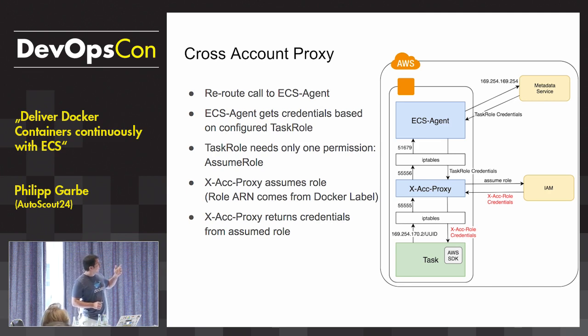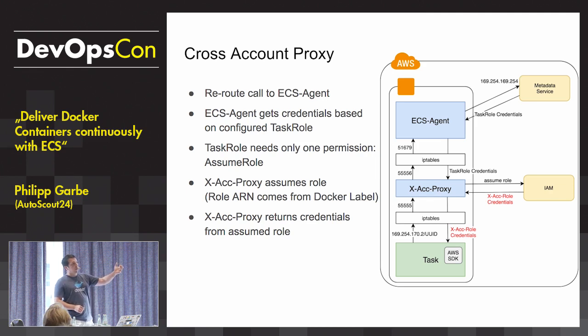Some services can do that, but the ECS service cannot do that. So what we did, we added a cross-account proxy in that flow. When we start the container, the only permission it gets is to assume a role. Then when the credentials are requested, in the cross-account proxy, we look up the role that has to be defined by the team.